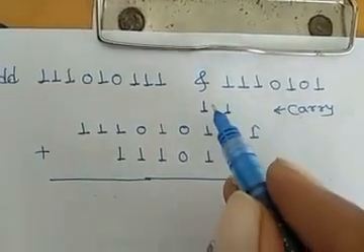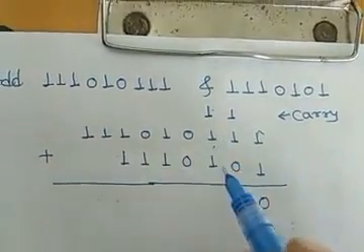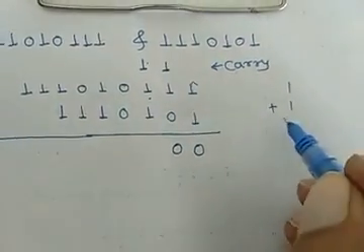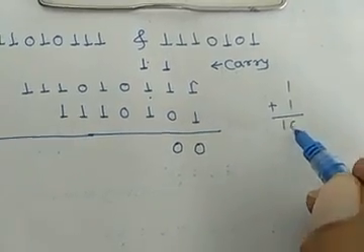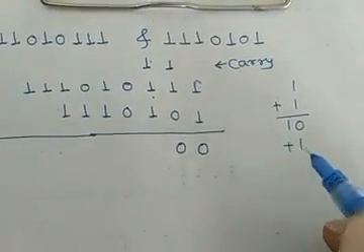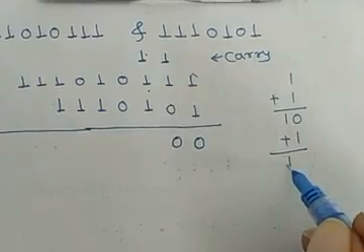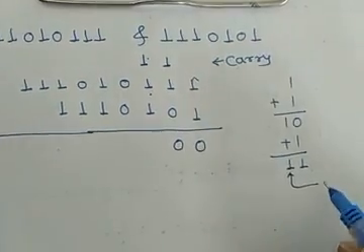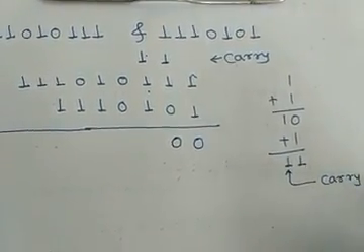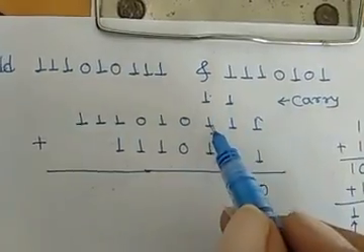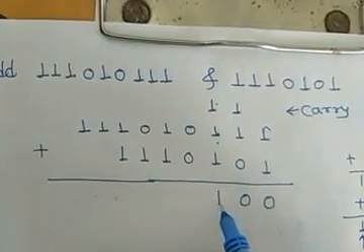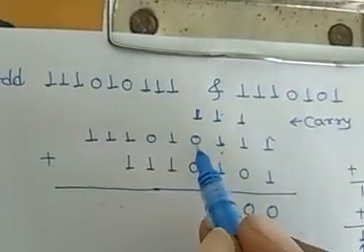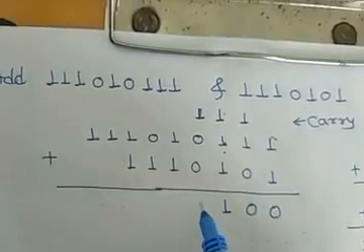Now in this example 1 plus 1 plus 1, that is here 1 plus 1 is 10. Again adding 1 in this number we will get 11, where this 1 is a carry, so we write 1 and carry 1. Again 1 plus 0 plus 0 is 1.